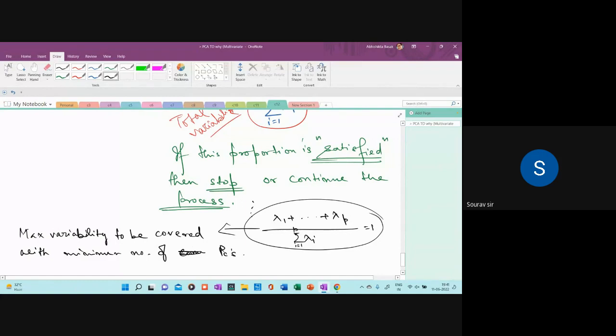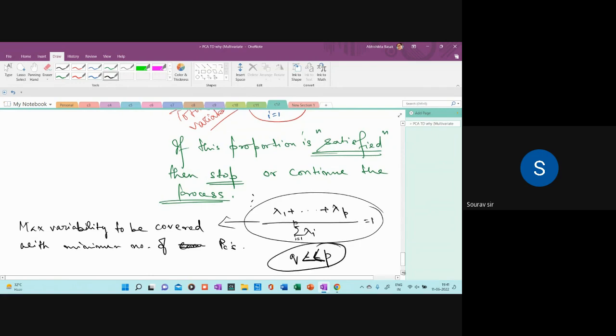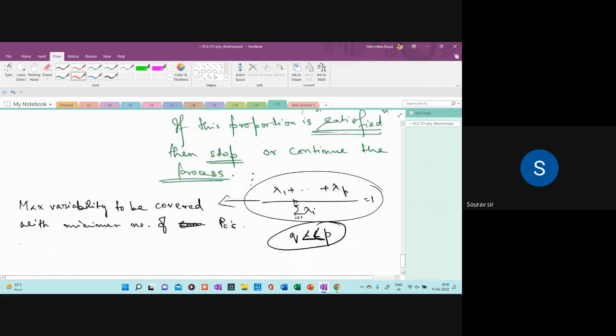Generally this Q is much less than or equal to P. This is the usual case, and that's why we say that PCA is a dimension reduction technique.